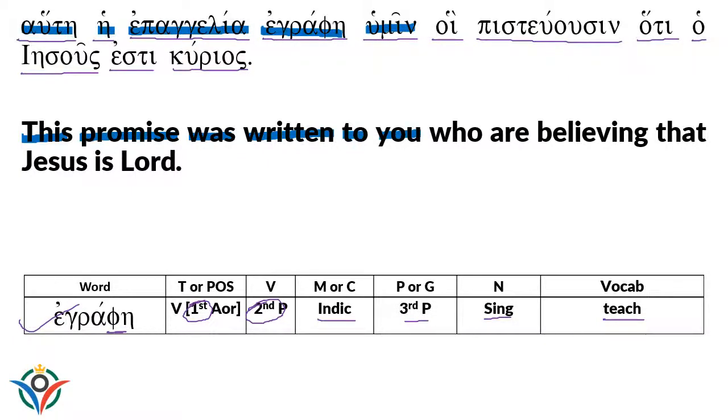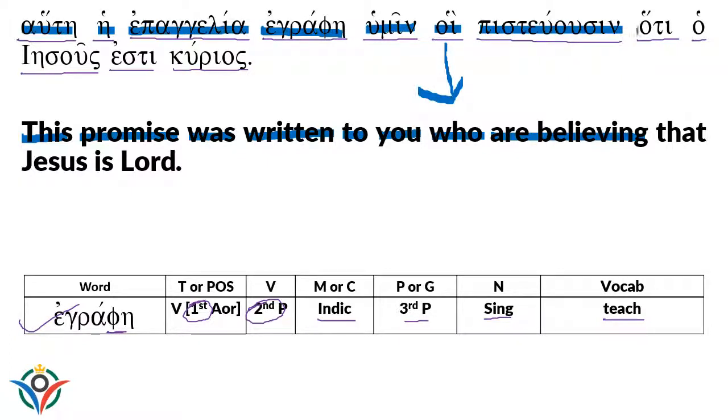And then we have hoi. Hoi is a relative pronoun. It's in the nominative case. So it's actually functioning as the subject of the verb pestu usin, which is "are believing." All right, so the relative pronoun hoi is translated as "who," the subject of "who is believing," to you who are believing.